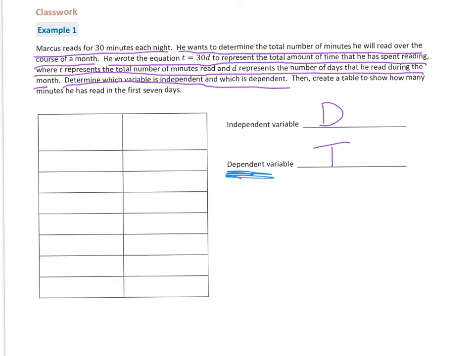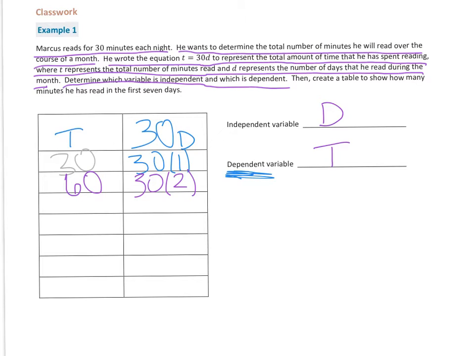So we know that T equals 30D. So if D is 1, so 30 times 1, then T is 30. If D is 2, then T would be 60.